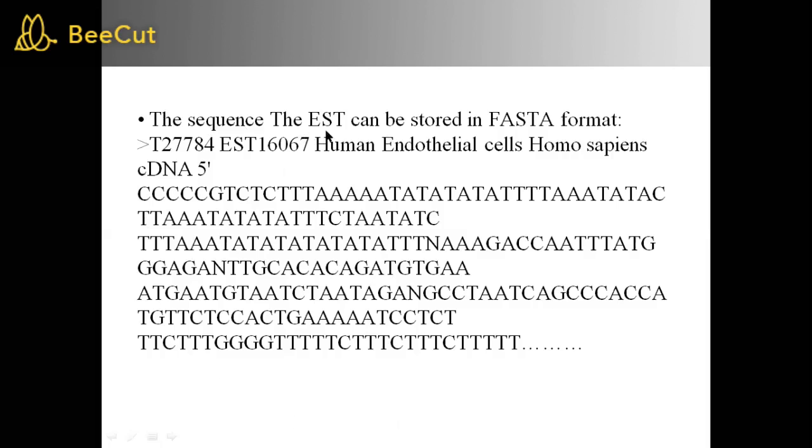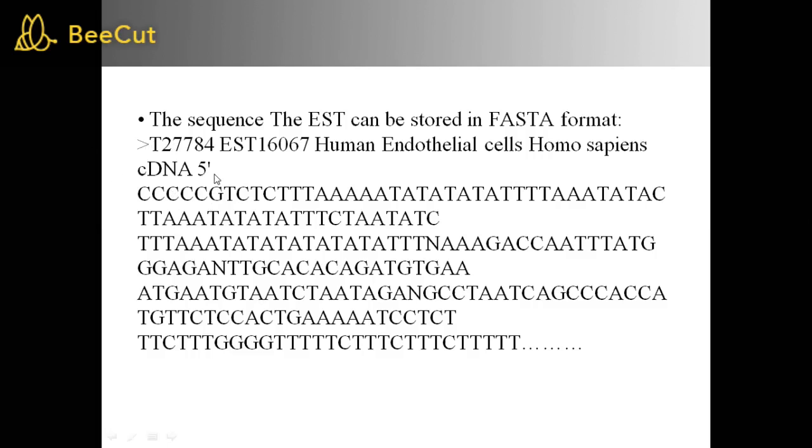The EST can be stored in the FASTA format. So here you can see the example, where the ID is mentioned. Then the organism from which that EST has been prepared. Then from which cells it was taken is mentioned there, and which end has been used for the sequencing, 3' end or 5' end.